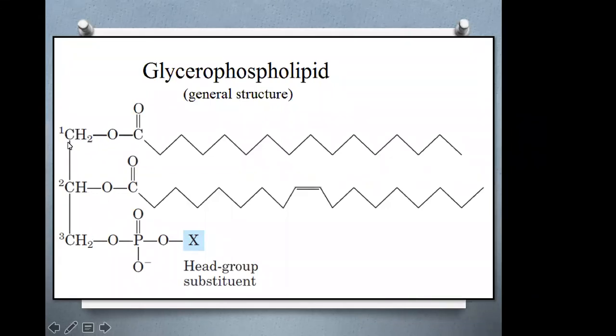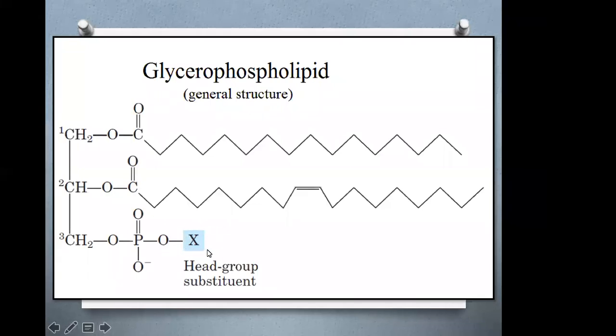To carbon number 1 there attaches a fatty acid, and to carbon number 2, sorry, there attaches another fatty acid. And to carbon number 3, there attaches phosphatidic acid, plus a functional group.